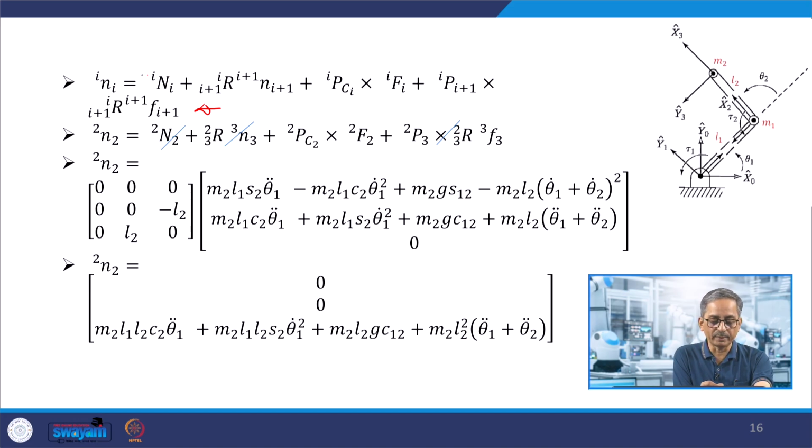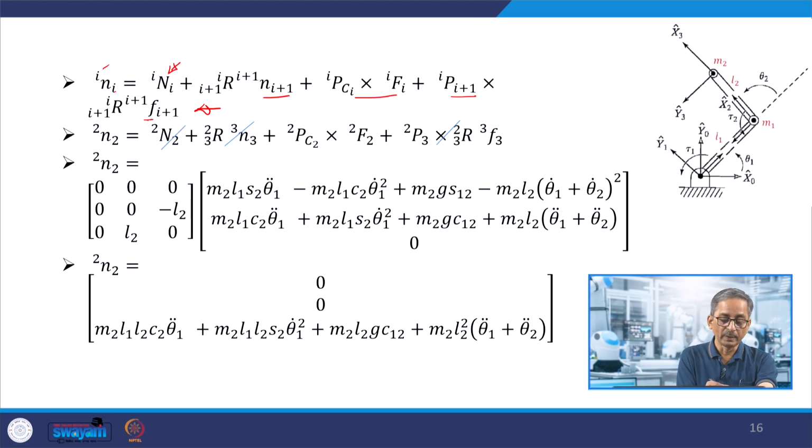So, this will be what? This is the inertial moment which we have just evaluated, and this is the moment acting at the i plus 1th link, plus you have this p_Ci cross f_i term, and then you have a p_i+1 cross f_i+1 term here, and everything expressed in terms of the ith frame. We have seen all this in detail.